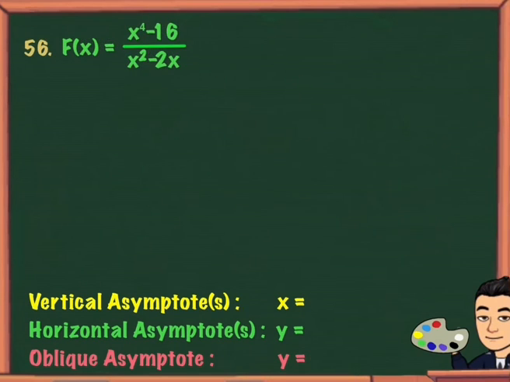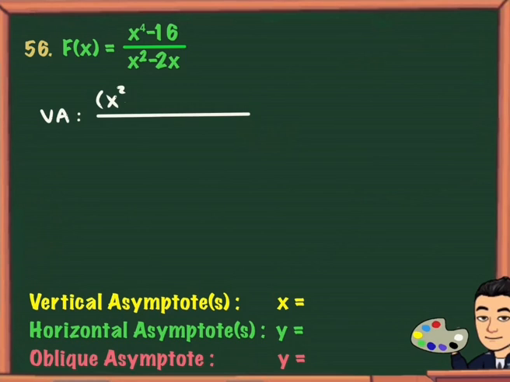So number 56 is going to be slightly tricky for the vertical asymptote. The numerator, we're going to write that as x squared minus 4 times x squared plus 4. On the bottom, I'm going to factor out the x. So I'm going to get x times x minus 2.